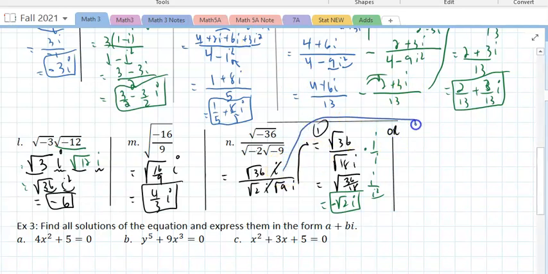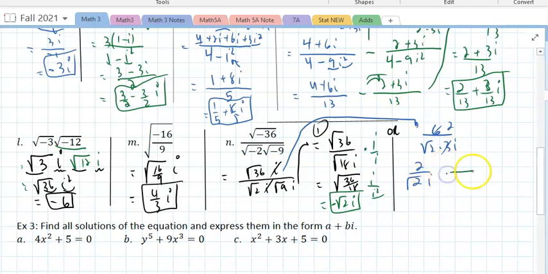Traditionally, this is how you do the problem. You would say that's a 6 over radical 2 times 3i. Those divide, so that's 2 over 2i. Two things are happening here.